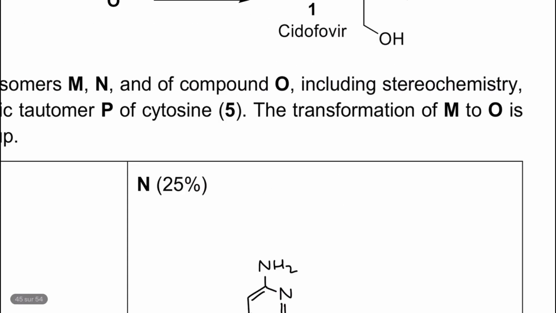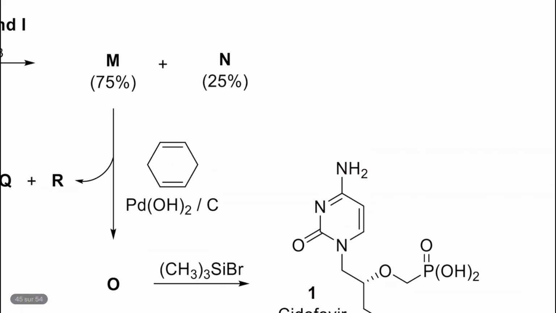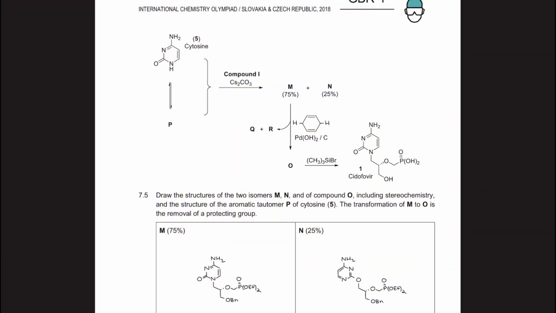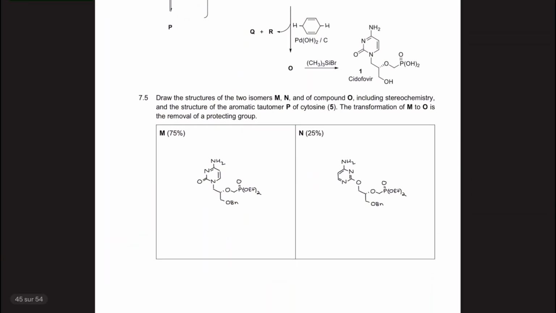But for this one, they didn't use hydrogen in its H2 form. They use hydrogen in the form of this. You see? So the hydrogen will be consumed from this cyclohexadiene and will remove the benzyl group.